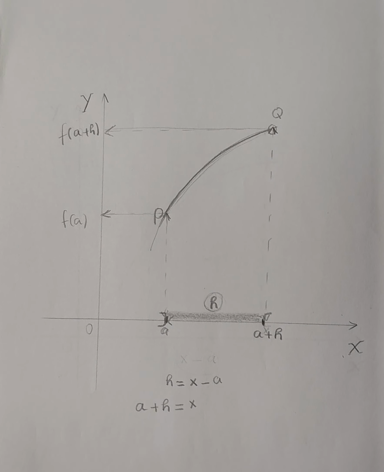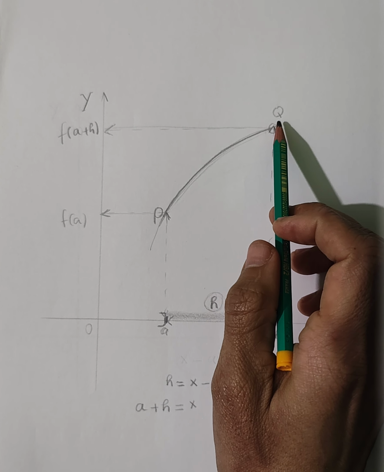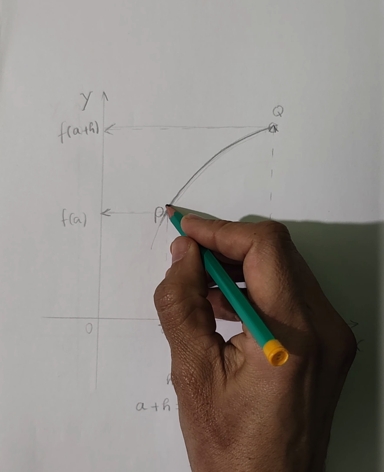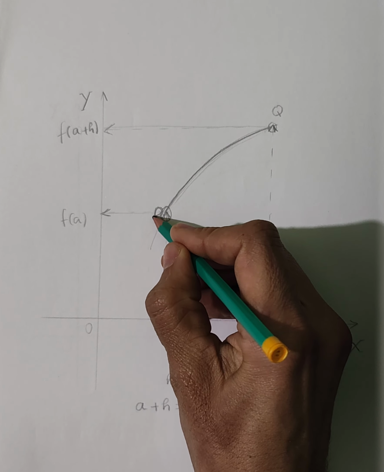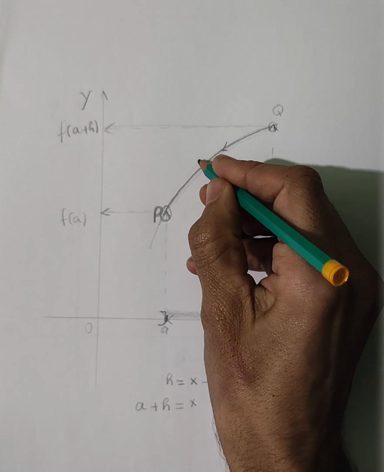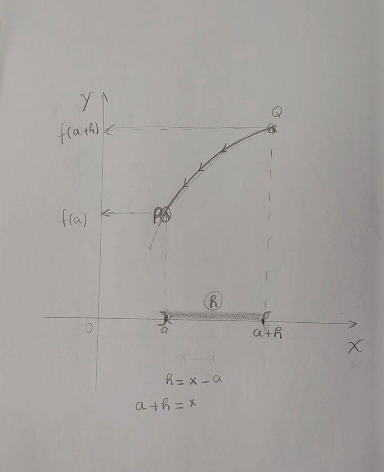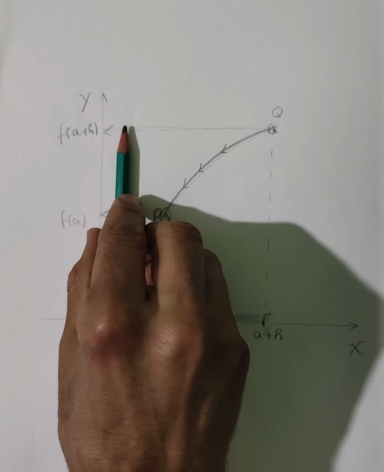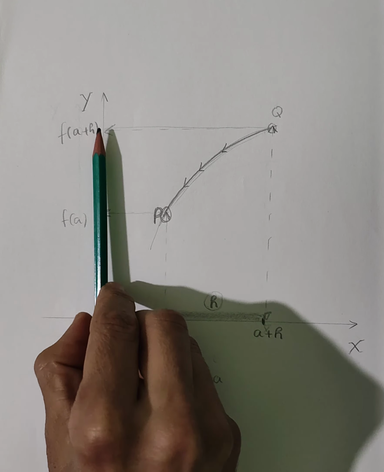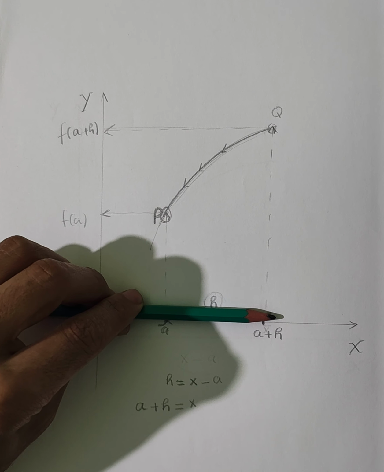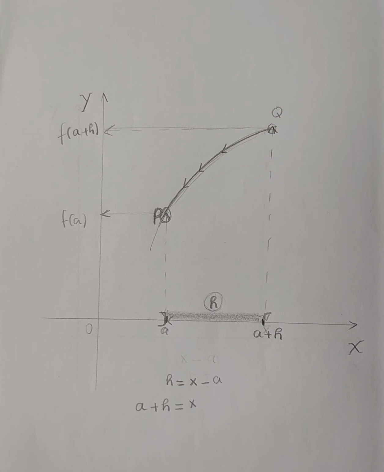And now we know that the movement of this particle or this point Q to this particle or this point location point P, in this sense we have to measure this quantity by projection in y-axis after our projection for the shadow of this function in the domain of this function in x-axis.